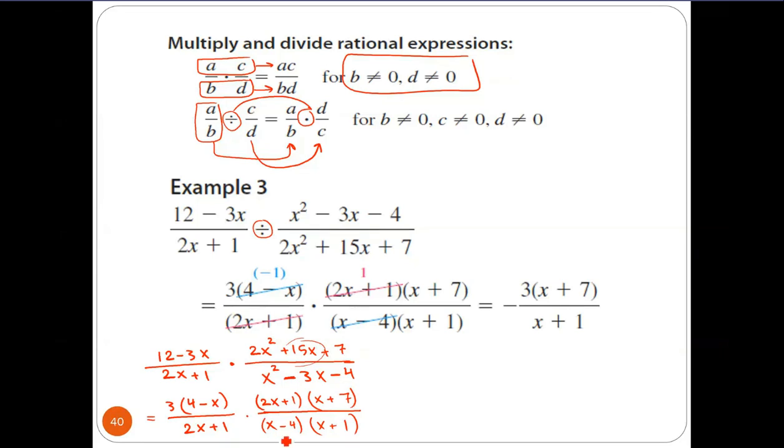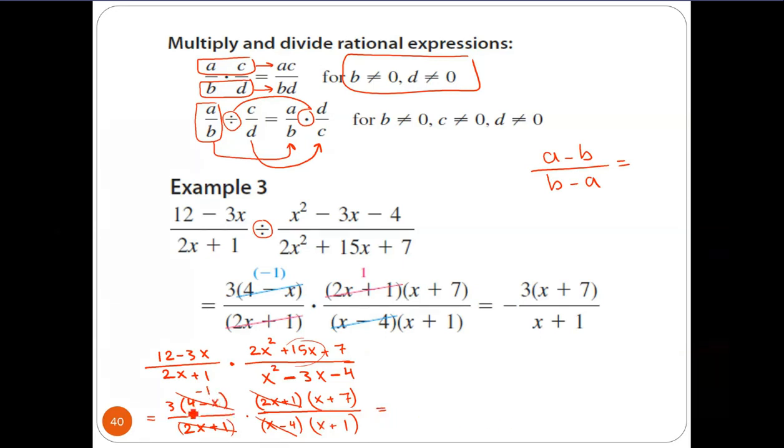Now we have 2x plus 1, we can cancel with 2x plus 1. And we have 4 minus x with x minus 4. If we cancel a minus b with b minus a, what's the value? What's the value after negative 1? Good. So cancel x minus 4 with 4 minus x and replace with negative 1.